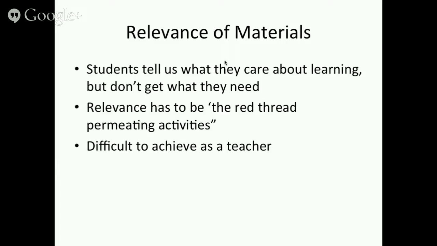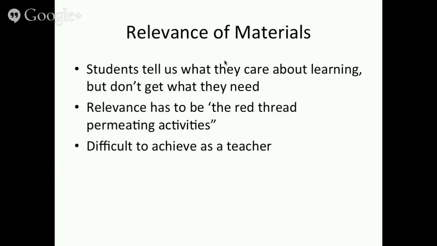Even students who say they don't want to learn, they want to learn about something. They're interested in something. And so the problem is that because of these outside influences that are telling us what we have to teach them, it makes it difficult to address everything that they want to learn. And so what we need to do is make it so that the materials are relevant to those students.